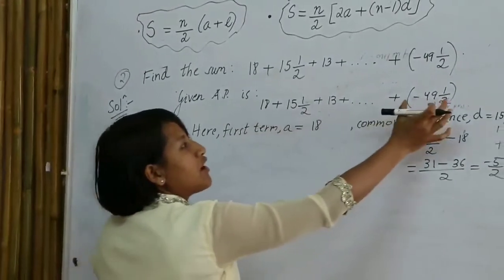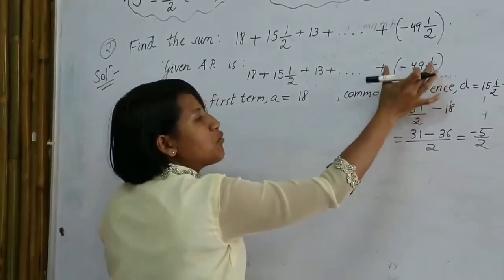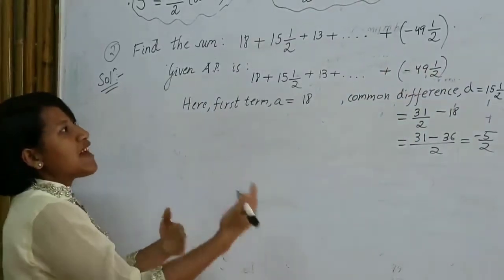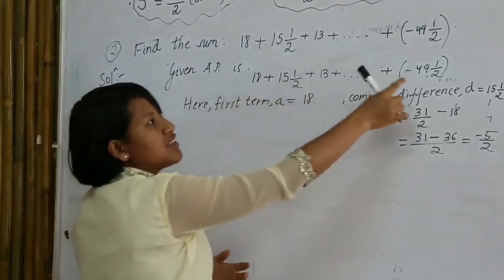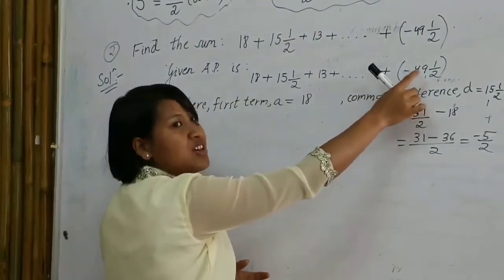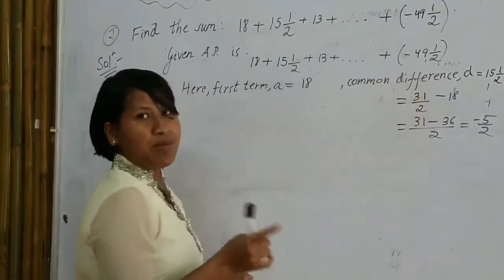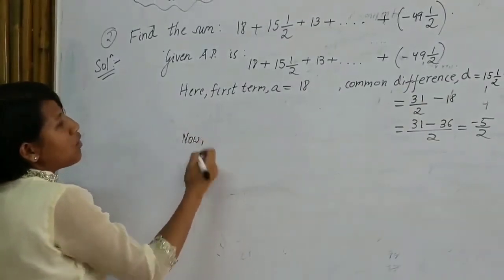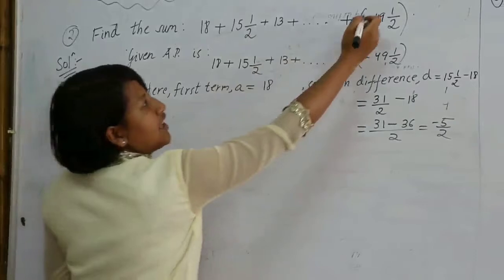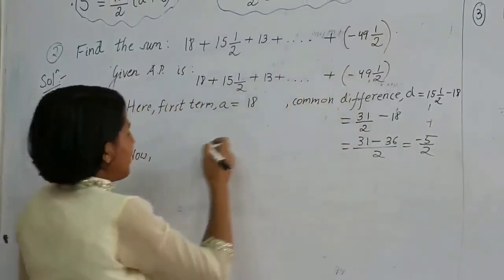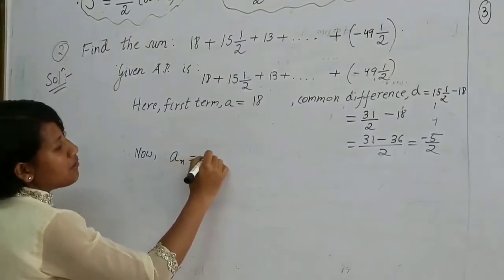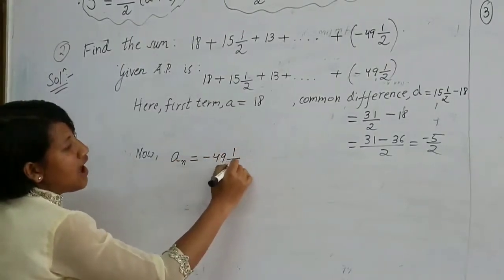Remember that this last term will always give you N, because we're adding from the first till this last one. So this will give you the number of terms. So now this is AN, means the last term. AN is minus 49 and a half.